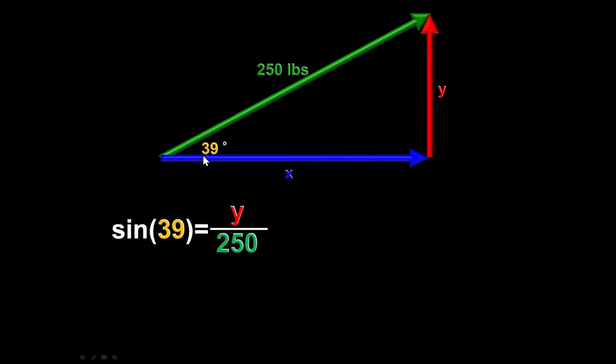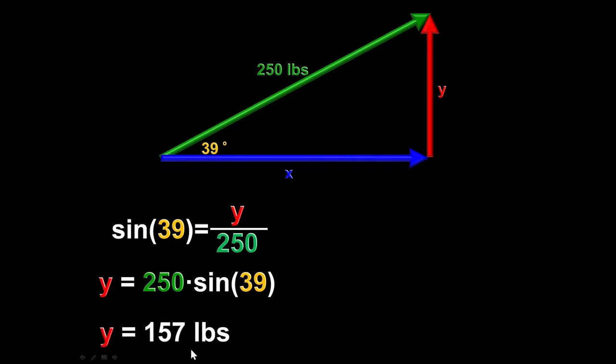The sine of that angle is opposite over hypotenuse. Okay, and I can use that equation to solve for y. To solve for y, you got to multiply both sides by 250. This was an angle in degrees, so make sure that your calculator is in degree mode. When you do that, you should get 157 pounds. So of the 250 pounds in that direction, we got 157 pulling up.